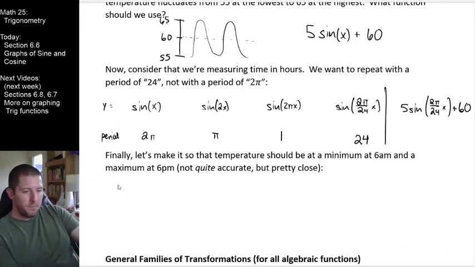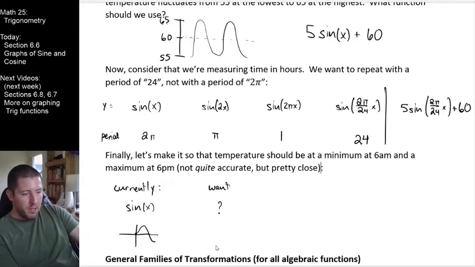So currently we have sine of x, and I'm not including all of our modifications, but we know that sine starts at the origin, gets bigger, and goes smaller. What we want is a mystery function, but what we're thinking is that starting at this time, we should go down to get to our minimum at 6 hours, right?